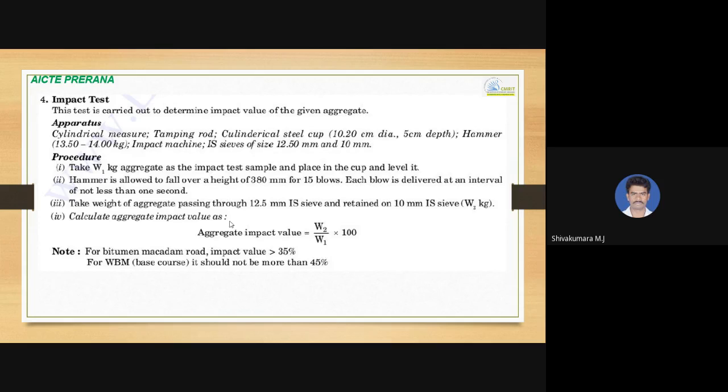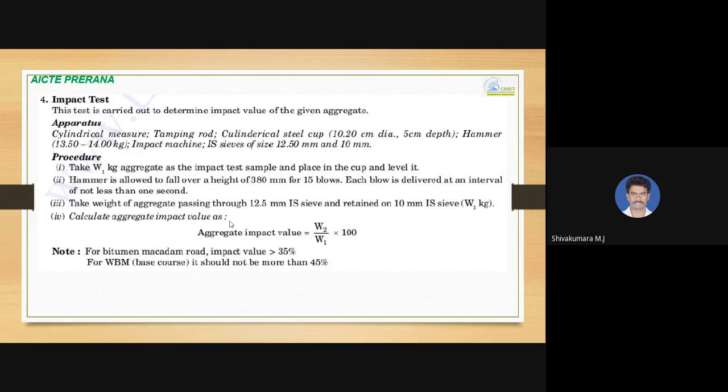Initially, we have to take a sample, we have to do the sampling of aggregates. The aggregates passing through the 12.5 mm sieve and retained on the 10 mm sieve are sampled, and then poured inside the cylindrical measure, that steel cup, 10.2 centimeter diameter and 5 centimeter depth.